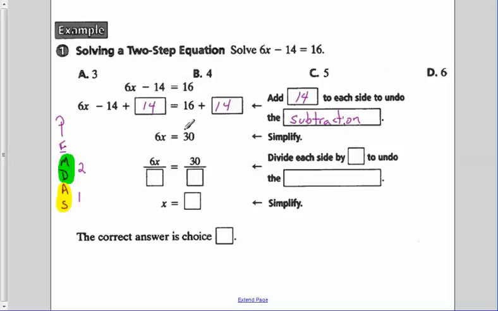So 6x equals 30. I see multiplication, so that means I'm going to divide. And what am I multiplying by? Well, I'm multiplying by 6, so I'm going to divide by 6. Do the opposite. When I divide by 6 on one side, I divide by 6 on the other, to undo the multiplication.